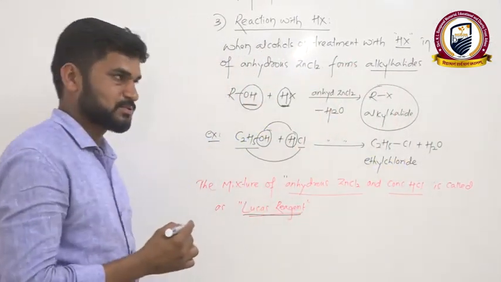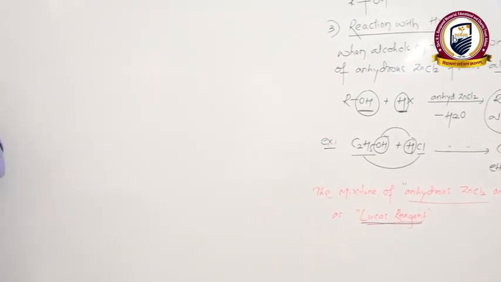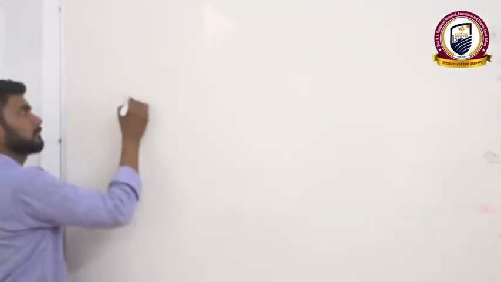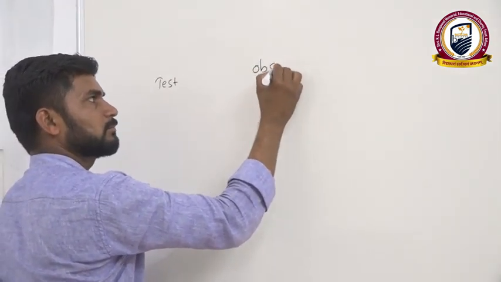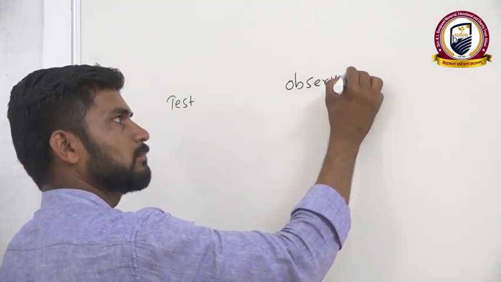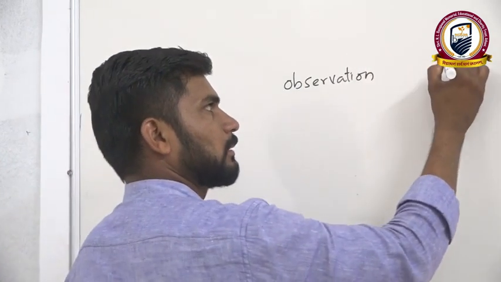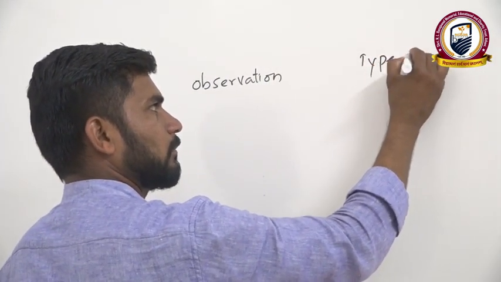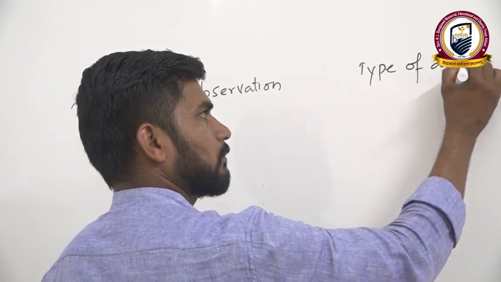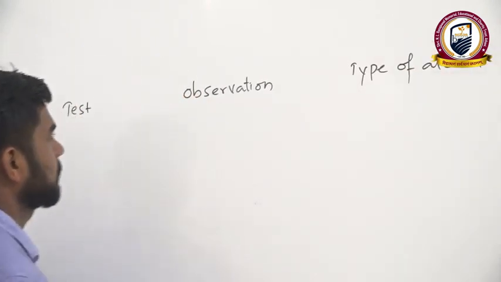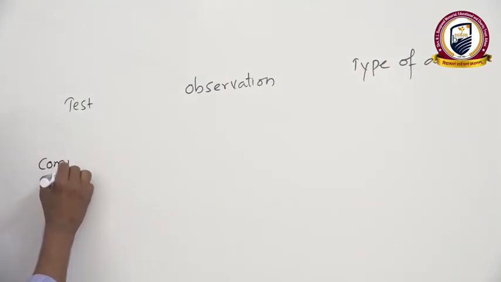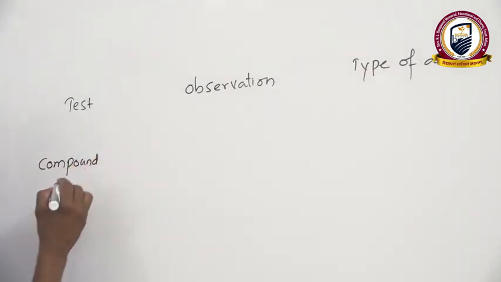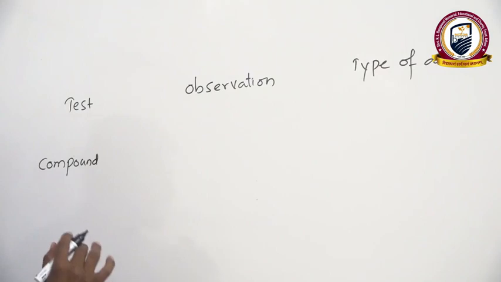alkyl halide. So that is, we can see here, test and observation, type of alcohol. So the test is compound. That compound may be primary alcohol or secondary alcohol or tertiary alcohol.